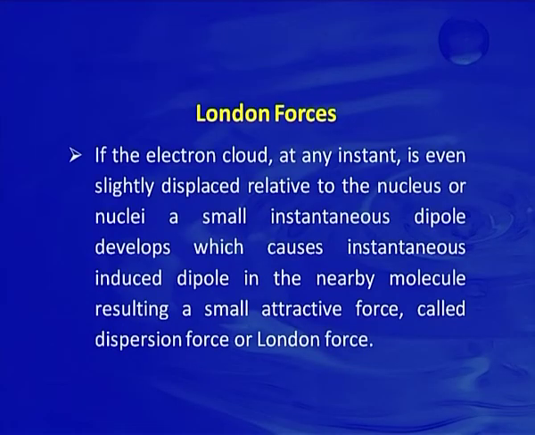If the electron cloud at any instant is even slightly displaced relative to the nucleus or nuclei, a small instantaneous dipole develops, which causes an instantaneous induced dipole in nearby molecules, resulting in a small attractive force called dispersion force or London force.